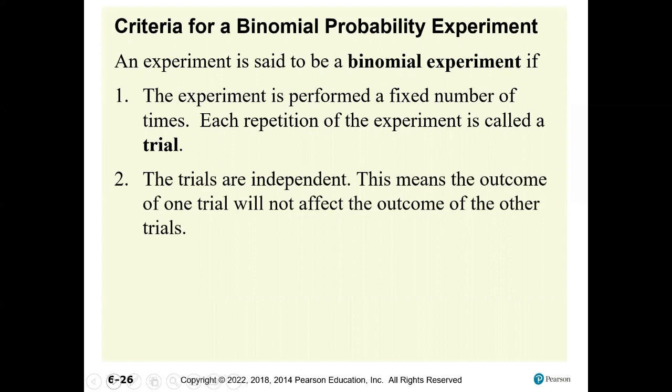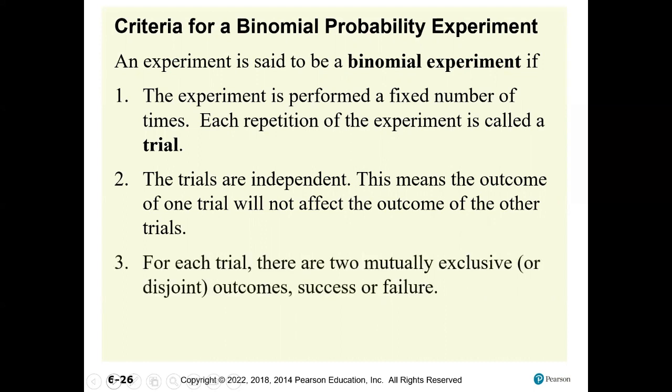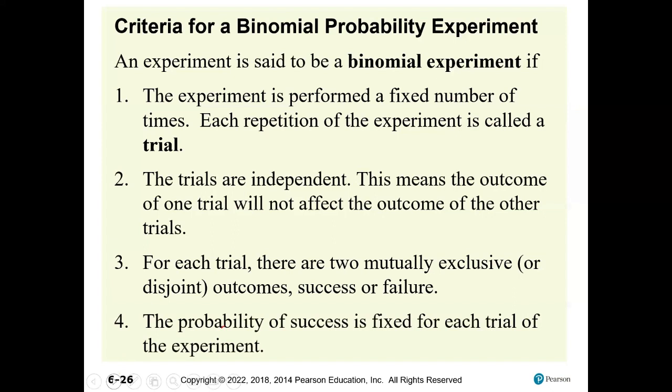That means that one trial does not impact the outcomes for the next trial. For each trial, again, there are only two outcomes, either success or failure. The probability of success is going to be fixed for every single trial of the experiment.